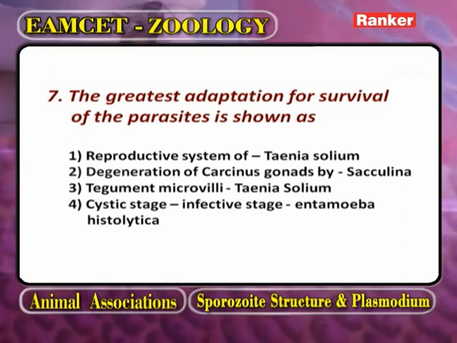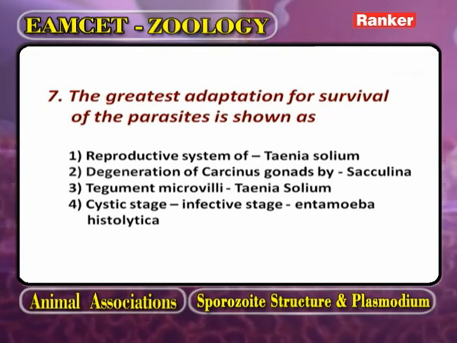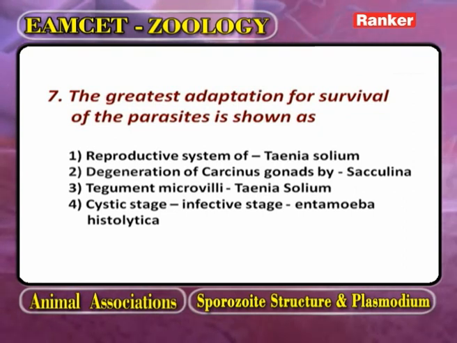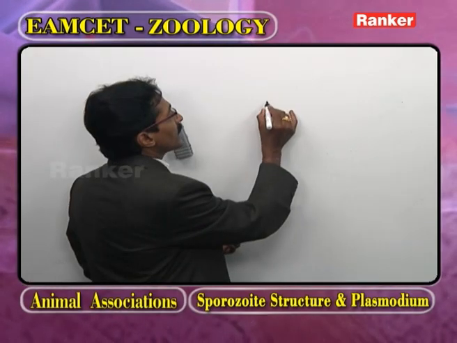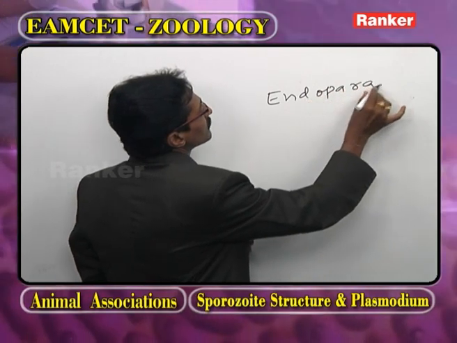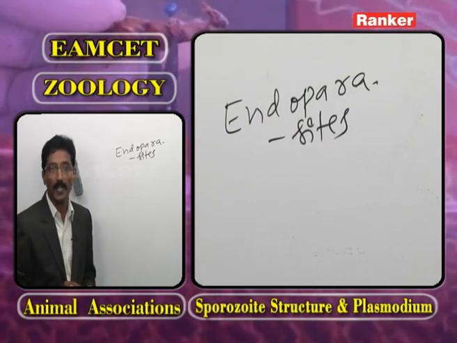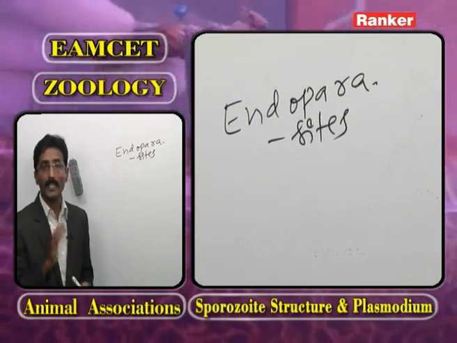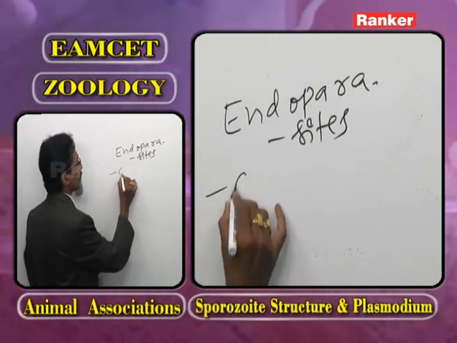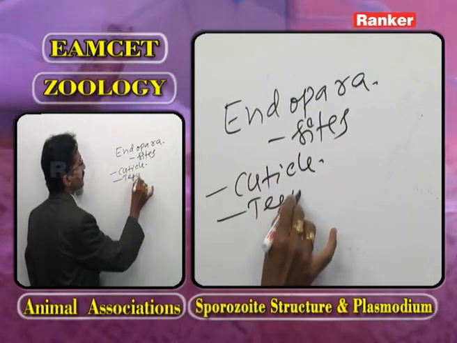The greatest adaptation for the survival of parasites is shown as. Now, parasitic adaptations are generally discussed with reference to endoparasites only. In all endoparasites the body is covered and protected by either cuticle or tegument.